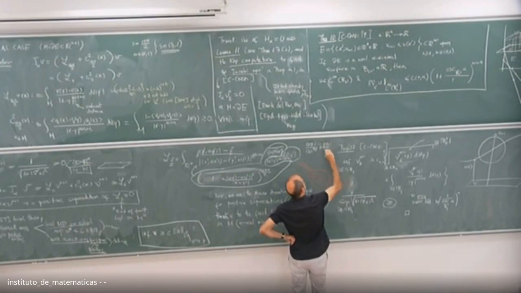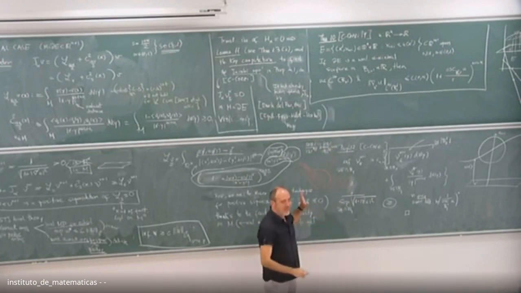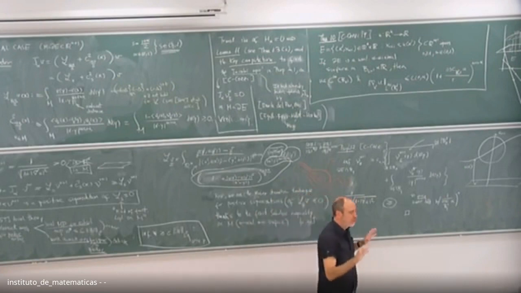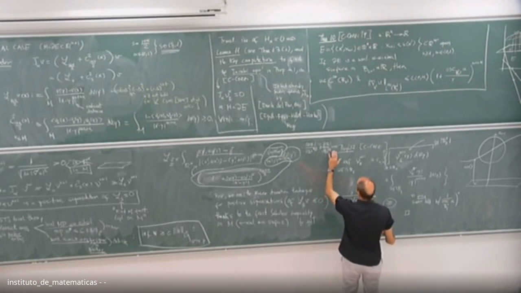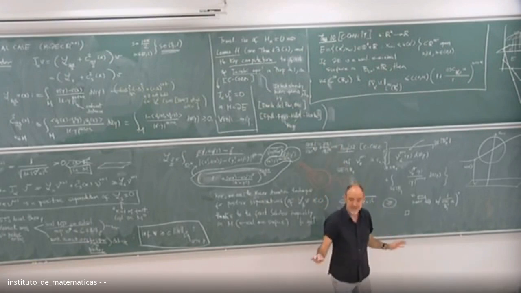But this is a constant that depends only on n, okay? And it's a sharp constant, right? This inequality, Brendle has proved that it's also true for every domain in a minimal surface with the same constant C_n, right?